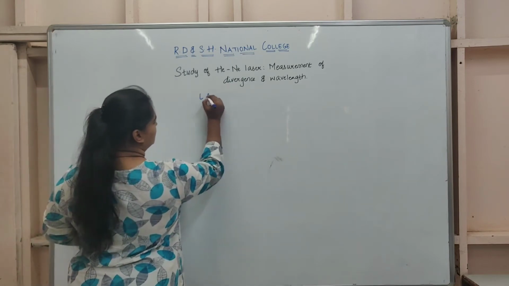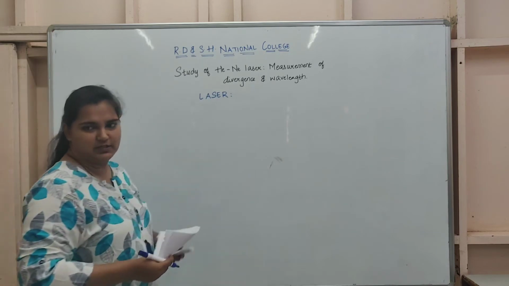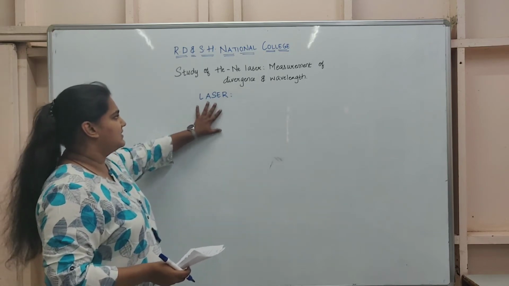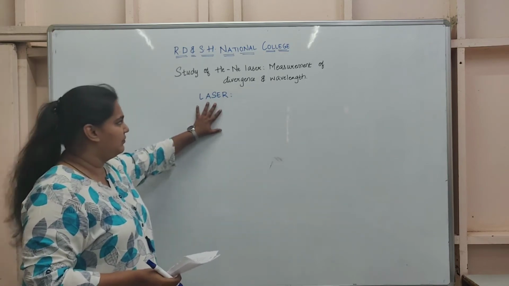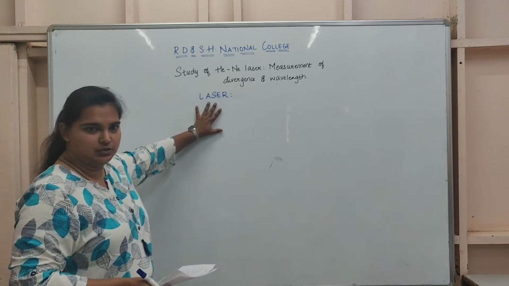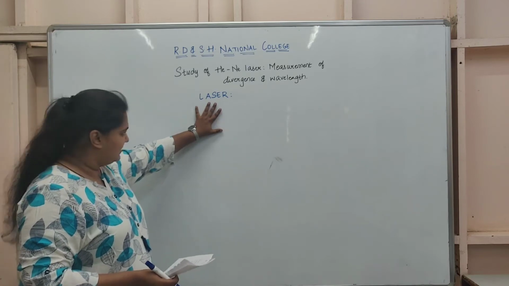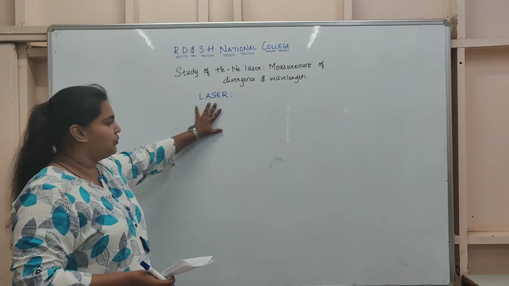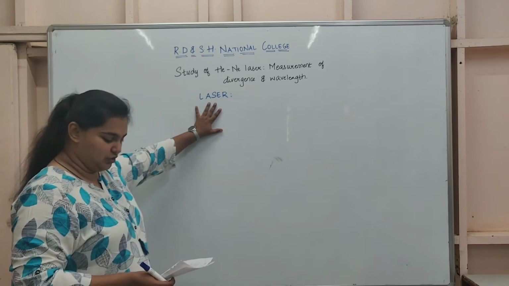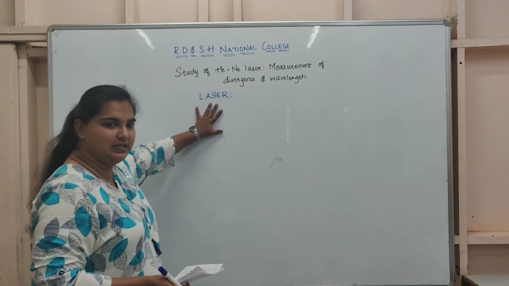The first foremost viva question on every laser experiment. Laser stands for light amplification by stimulated emission of radiation. So what happens here is basically laser emits light through the process of optical amplification based on stimulated emission of electromagnetic radiation.